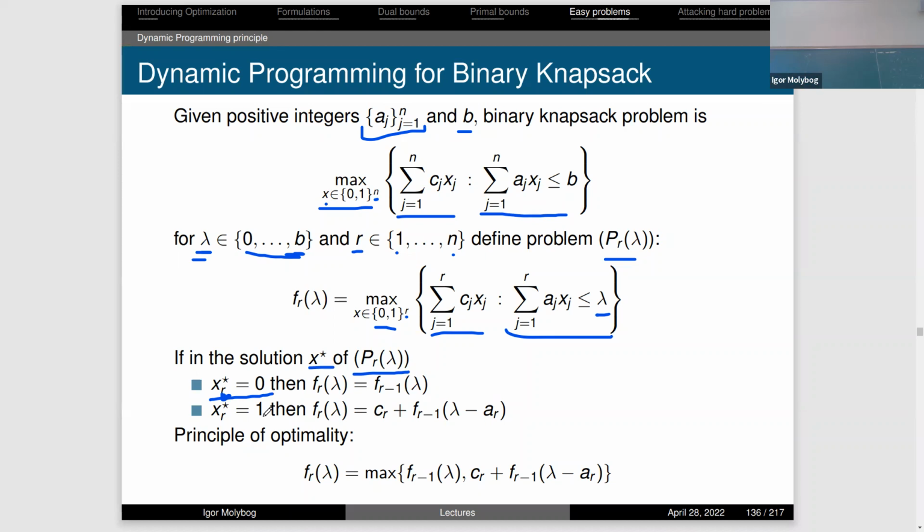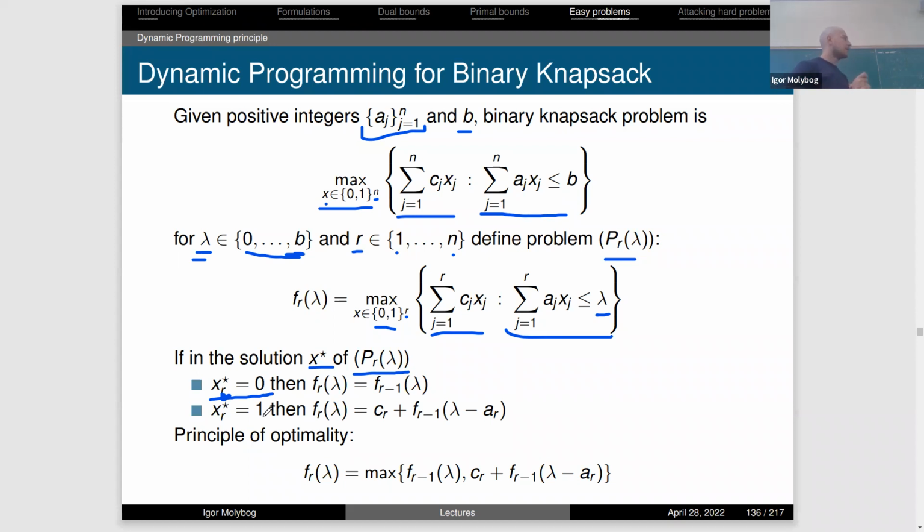So if x_r is equal to 0, that basically means that out of r different objects, we have decided not to pick this one anyway. We really don't care if we do have that object or not. And therefore, if we just didn't consider picking up that object, it wouldn't change our solution. And therefore, f_r of lambda must be equal to f_{r-1} of lambda, right?